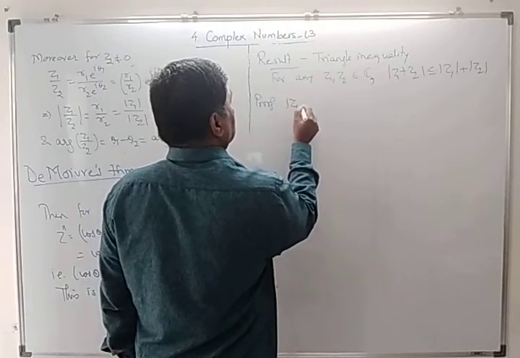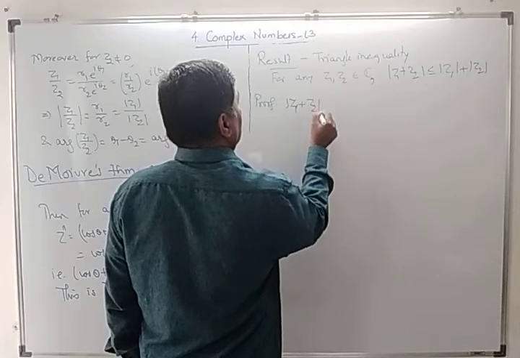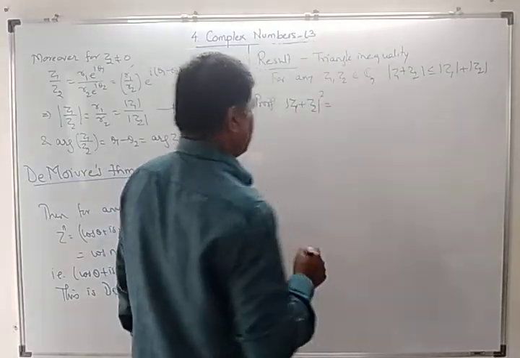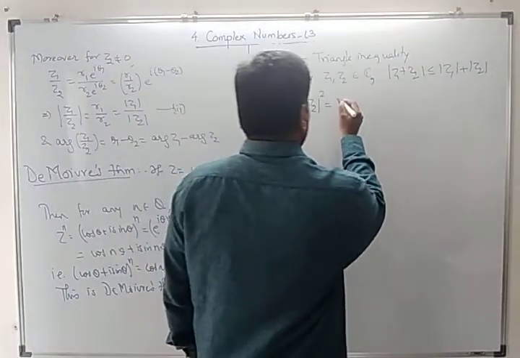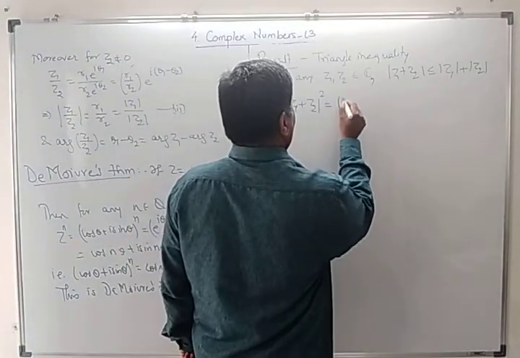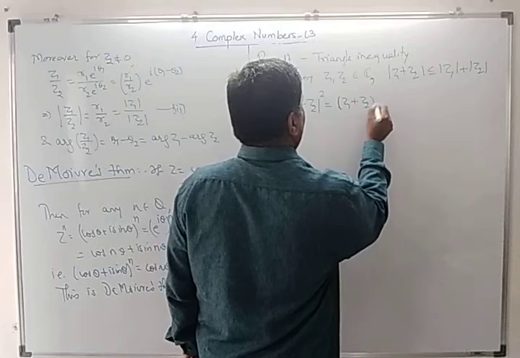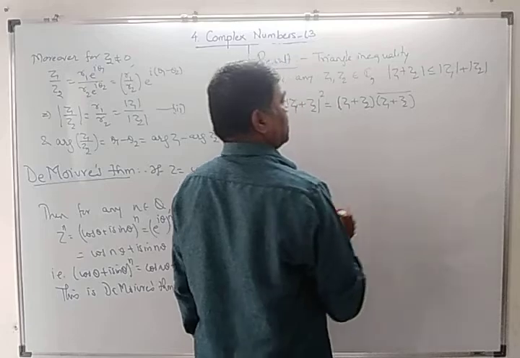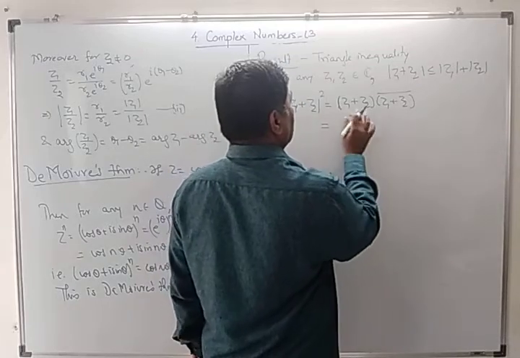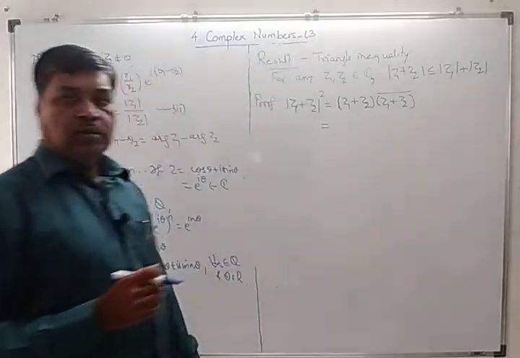Mod of Z1 plus Z2, whole square, is equal to (Z1 plus Z2) into (Z1 plus Z2) bar. Okay, we know that Z into Z bar is modulus of Z square.